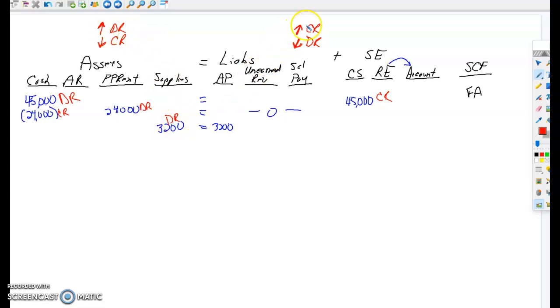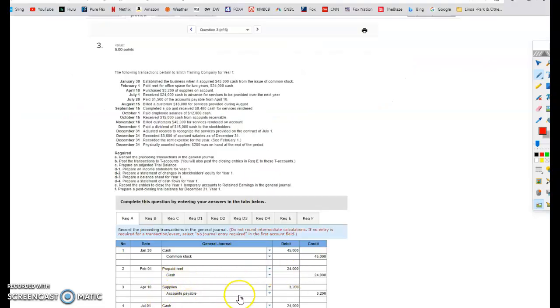Assets go up with debits, liabilities go up with credits. So now we have figured out what account we are going to debit and what account we are going to credit, and then you're going to go to your Part A journal and type in supplies as my debit, 3,200, indent, accounts payable as my credit, 3,200, right? And debits and credits always equal.